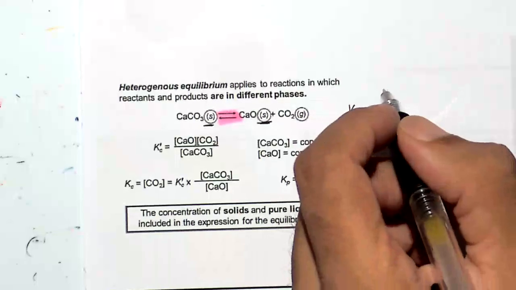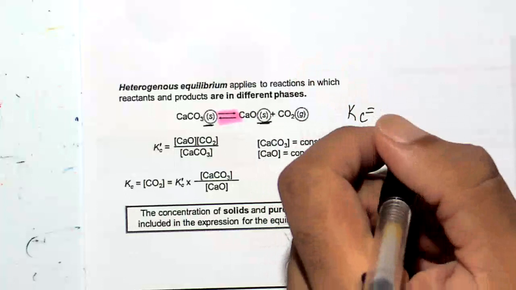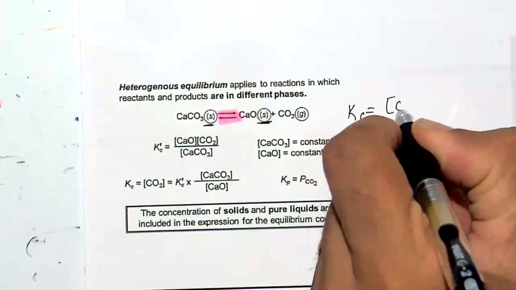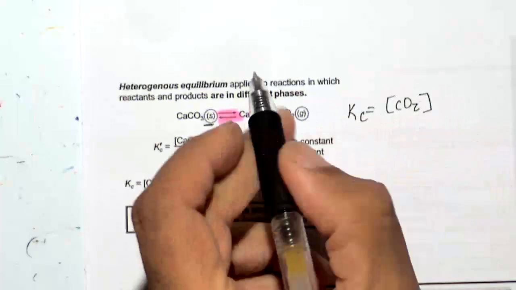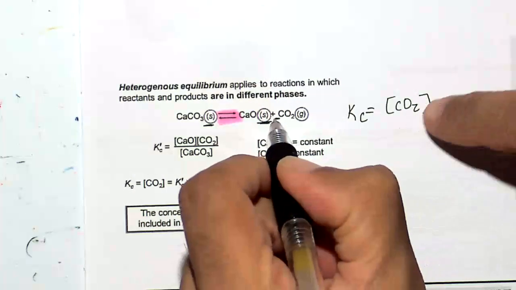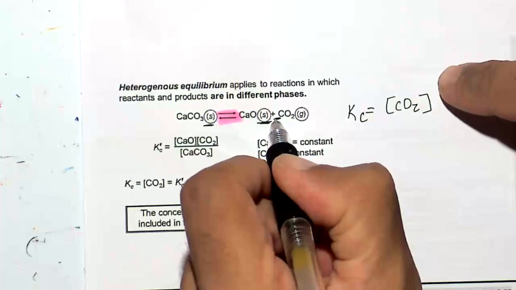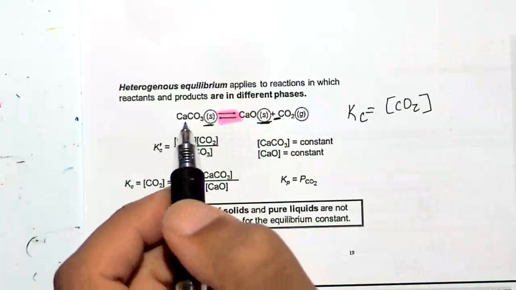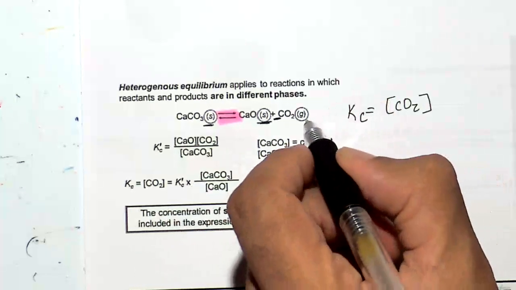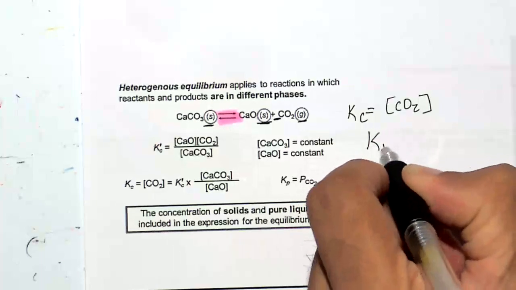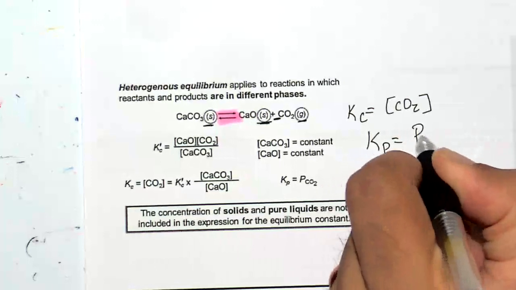Ignore it. And so what is the equation? Products over reactants. So this would be the concentration of CO2. Any exponent in front of it, or raised to any power? No, it's balanced. This is a gas, so we can also do it in terms of pressure P.